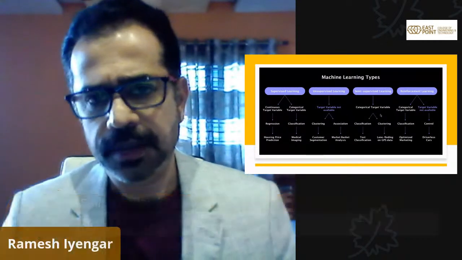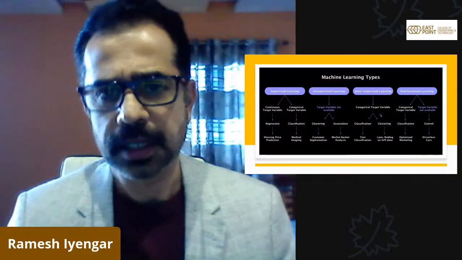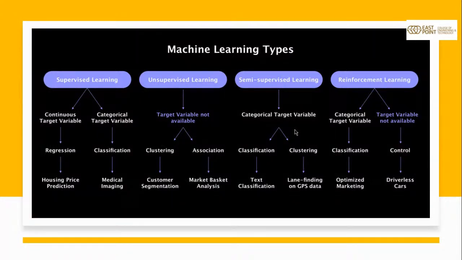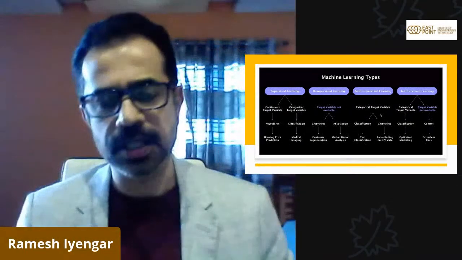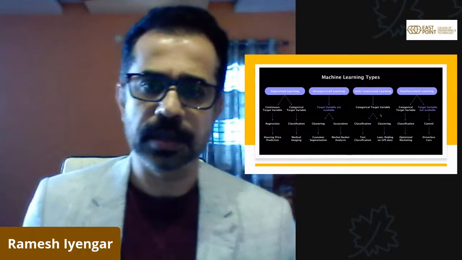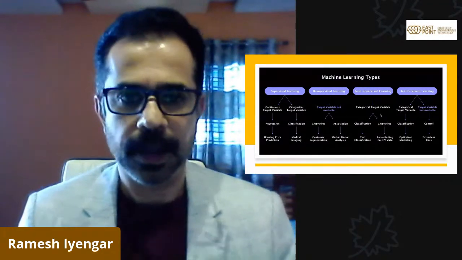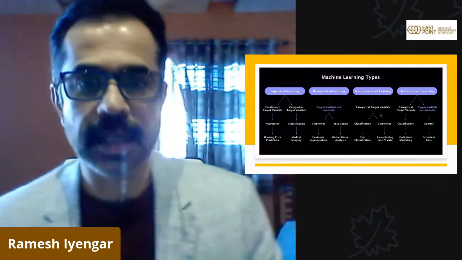Another area, very quickly, before I move to the case studies, is semi-supervised learning, right? This is more for text classification, where you can look at classification algorithms, or even lane finding on GPS data. But the interesting one that I want to share is image classification. During my school and college days, I used to work in the Western Ghats, and I'm sure you all know how tigers are identified.